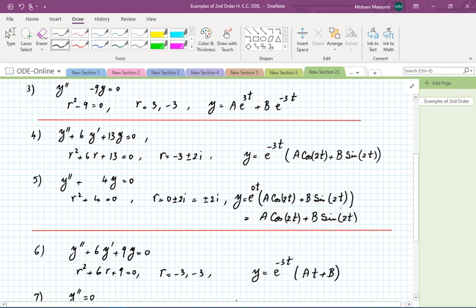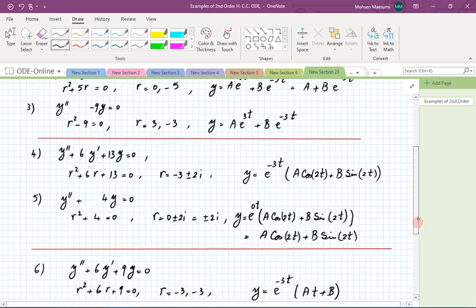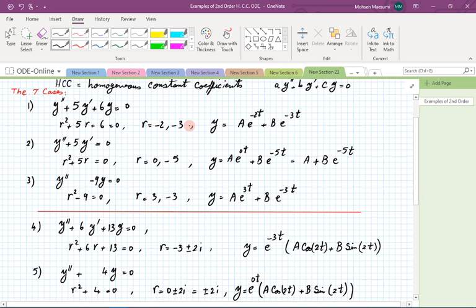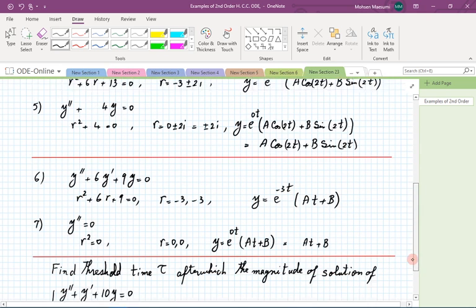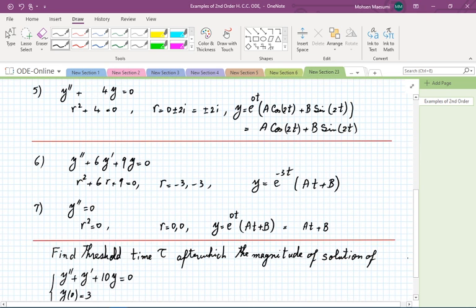Then we went to the threshold situation between the case where we have two distinct real roots and two complex conjugate roots. There is an intermediate case. If you remember, the discriminant became 0, like the following example. If I have this equation, the characteristic equation becomes r squared plus 6r plus 9 equal to 0, which if you factor is just r plus 3 squared equal to 0.